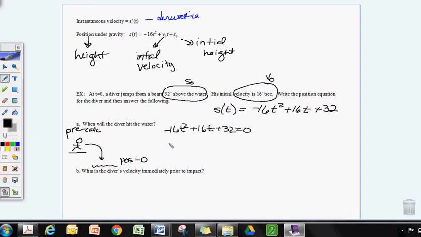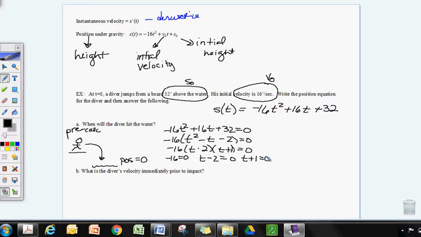So I see there's a 16 I could take out of everything. In fact, I'm going to take out a negative 16 because that's going to give me a positive t squared, a minus t, and a minus 2 equals 0. So negative 16 times (t minus 2) times (t plus 1) equals 0, and using zero product property, negative 16 doesn't equal 0, t minus 2 equals 0, and t plus 1 equals 0.